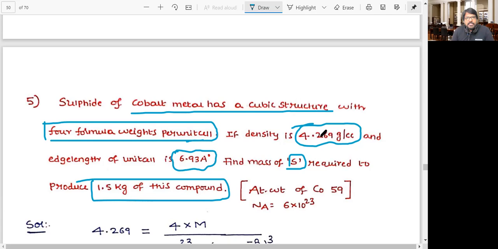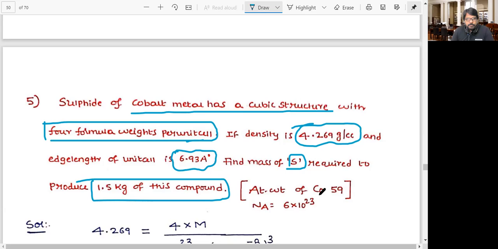We have density, and indirectly we have volume. Can't you find the molecular weight, the formula weight of that? Easily we can find it, because he is saying 4 formula weights. First you find the formula weight, and after getting it, you can easily predict the actual formula, and we can find the valency of cobalt.